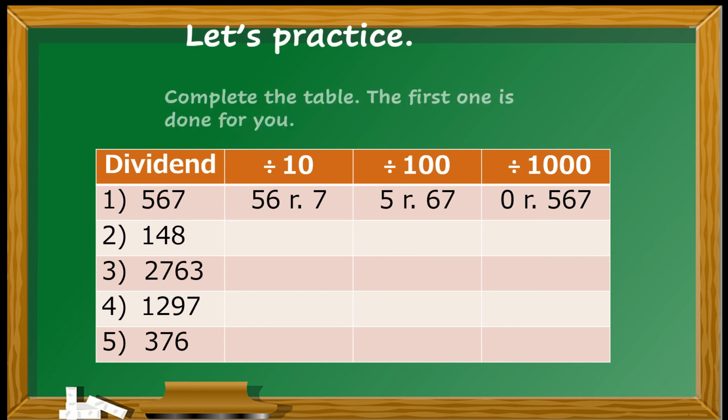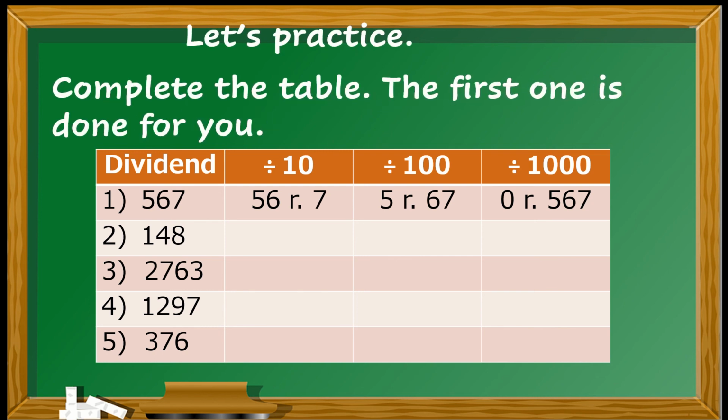Let's practice. Complete the table. The first one is done for you. The dividend for number 1 is 567. You divide it by 10. You divide it by 100 and you still divide that by 1,000. So, meron na siyang sagot dito sa number 1. 567 divided by 10 is 56, remainder 7.